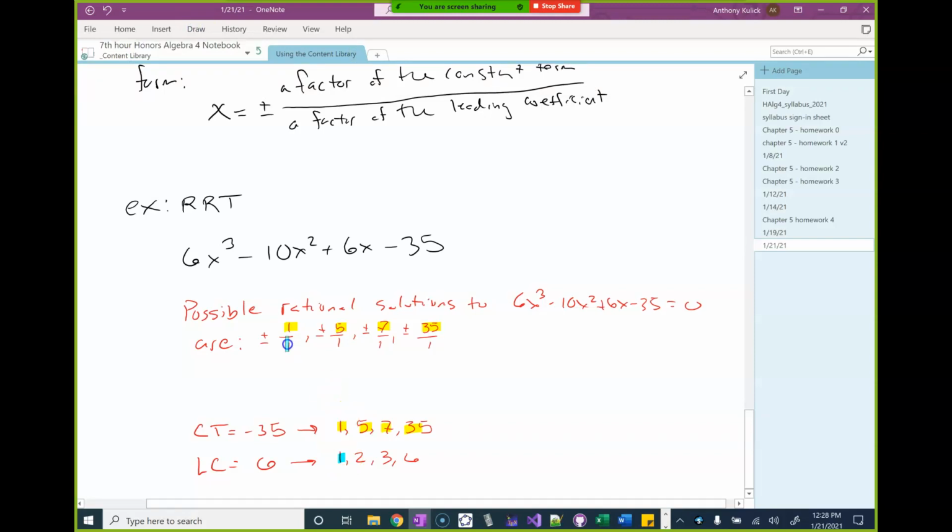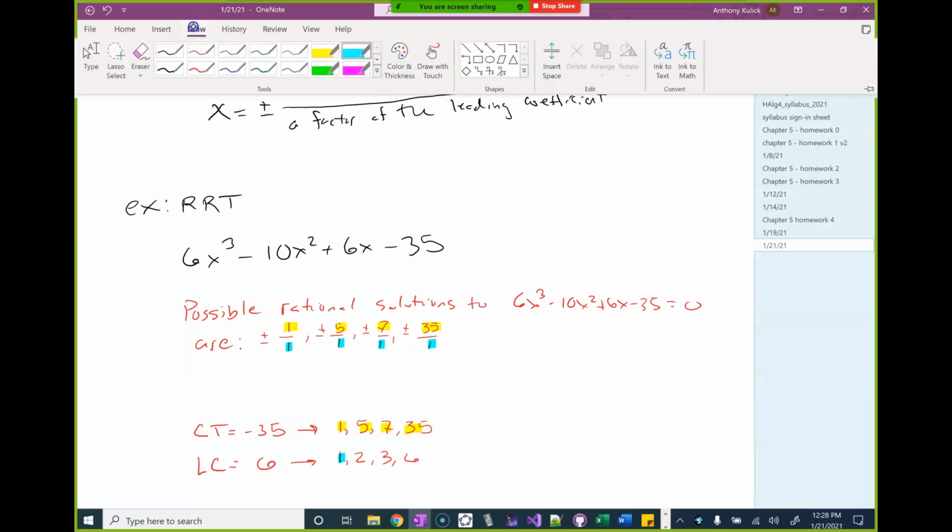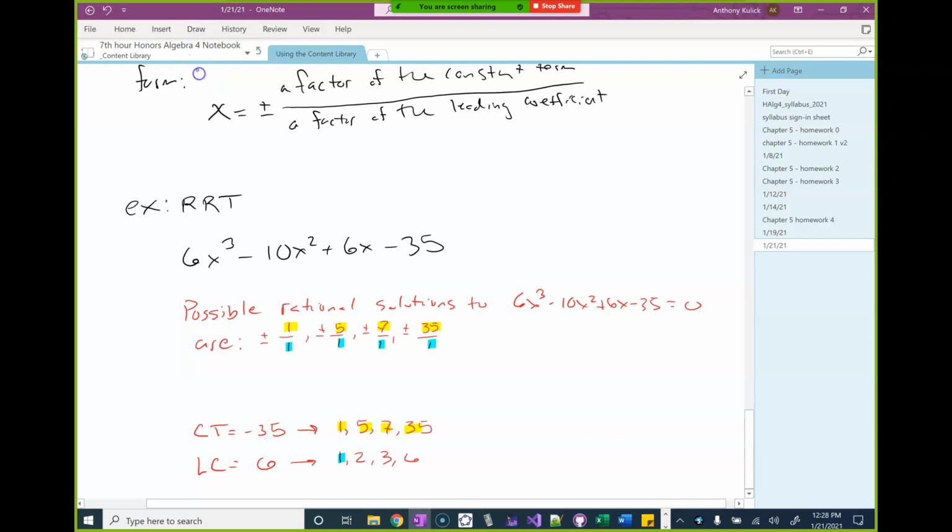And the denominator is coming from the leading coefficient. So there's 4 possibilities right there. I need to write those as fractions, right? Since they're over 1, they're just whole numbers. But I could also have plus or minus 1 over 2, 5 over 2, 7 over 2, 35 over 2.